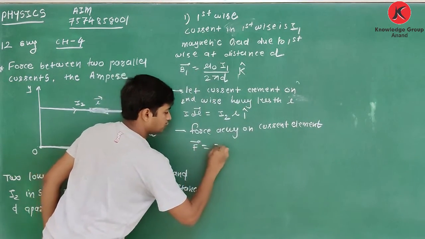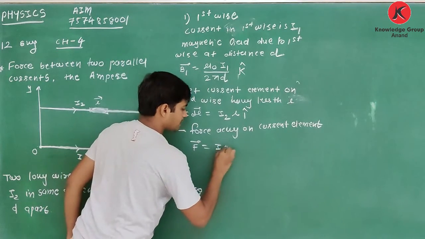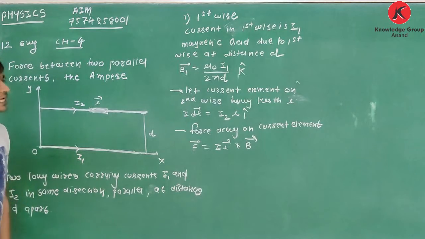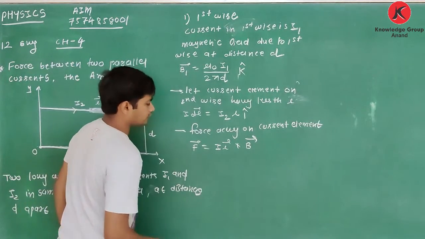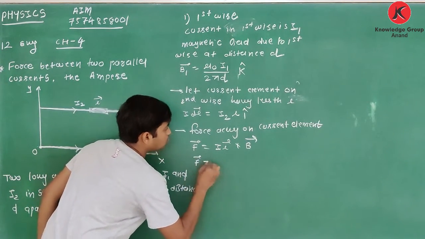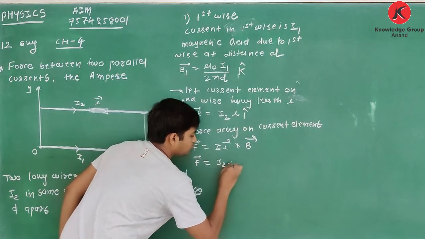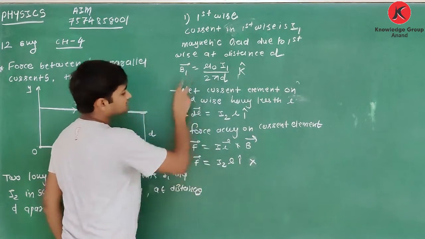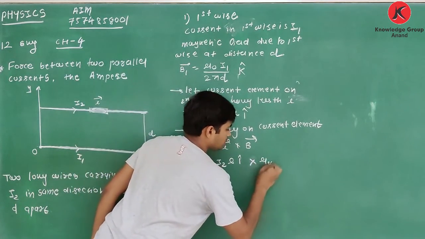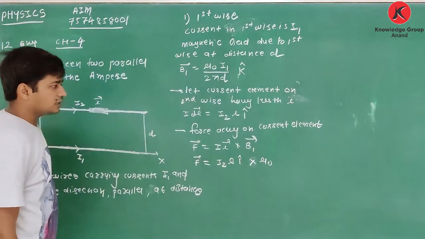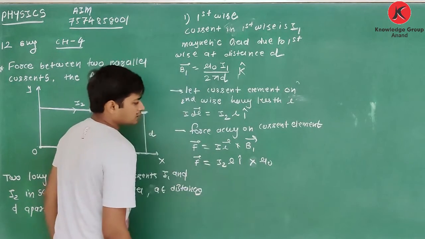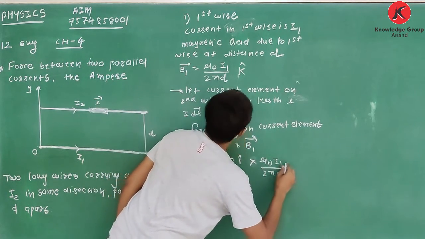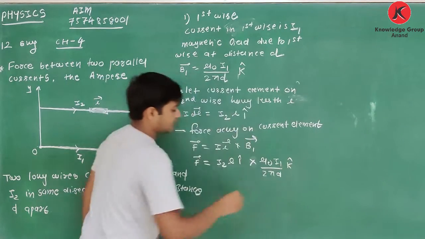F is equal to I L cross B. Here F is equal to I2 L i caret cross B1, where B1 is mu 0 I1 upon 2 pi d k caret.